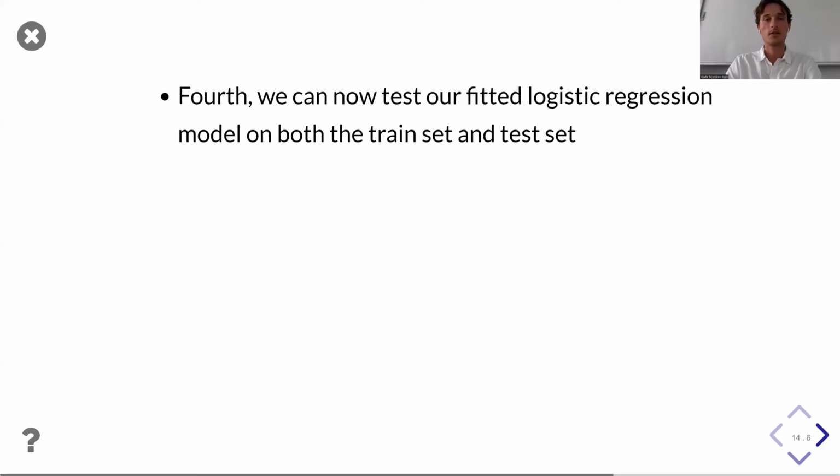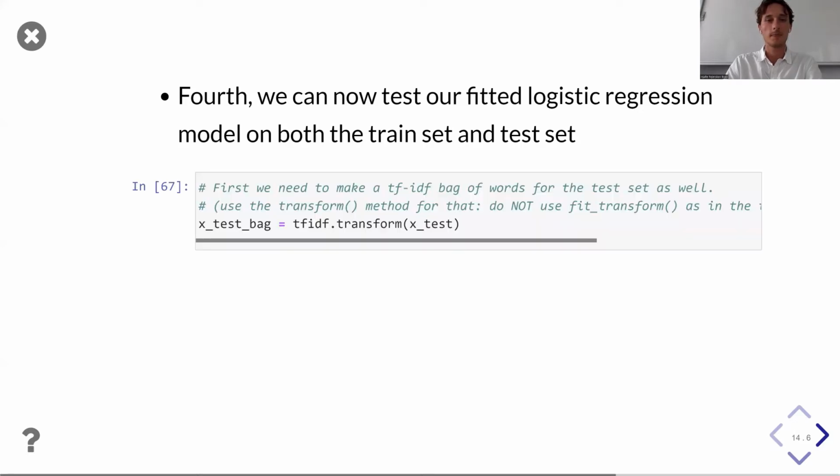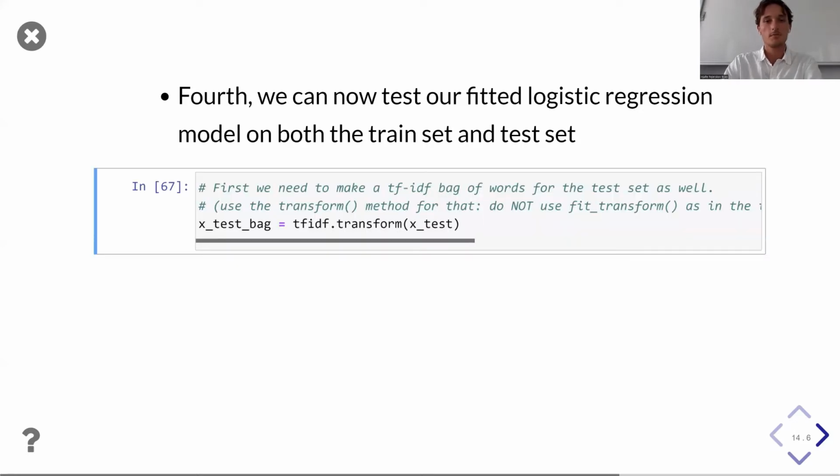So let us test our model now. To test our model, first we need to also make a bag of words, which is also TF-IDF transformed, for the test set as well. And for this we use the transform method.